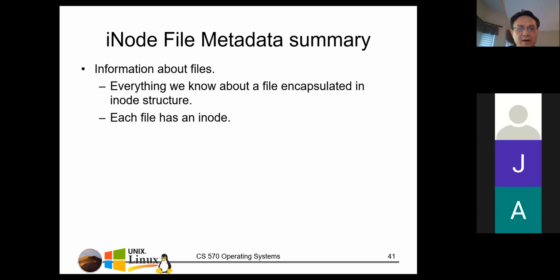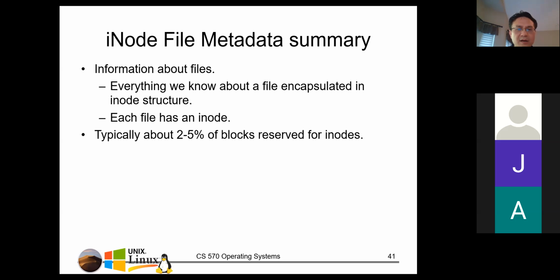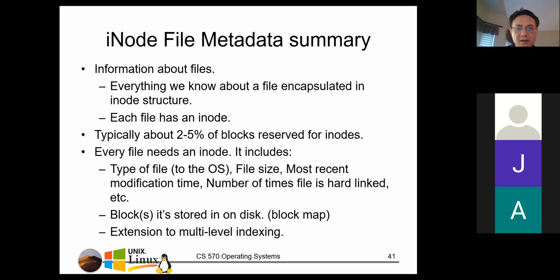So each file has at least one inode, okay? On your disk, typically 2 to 5% of the blocks are reserved for saving the inode information. Again, every file needs at least one inode. So these are all what I just talked about.